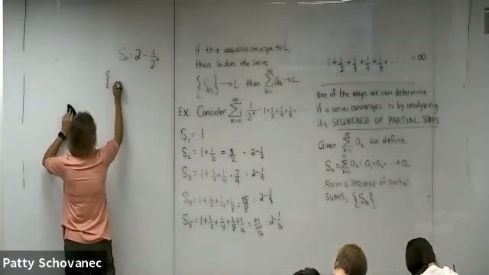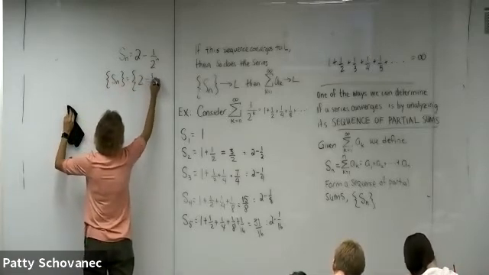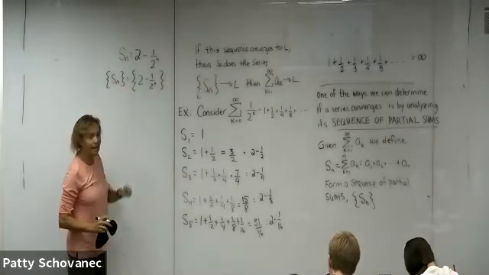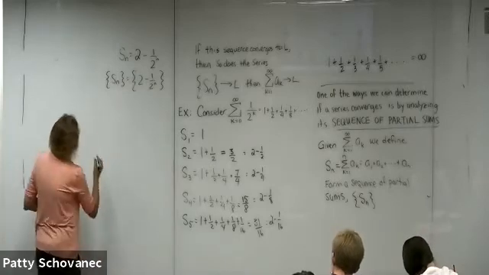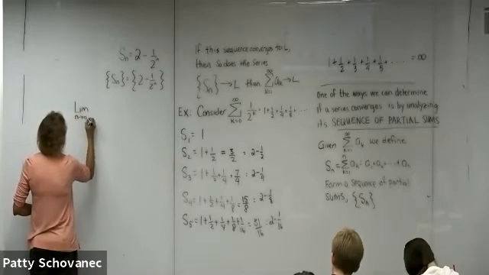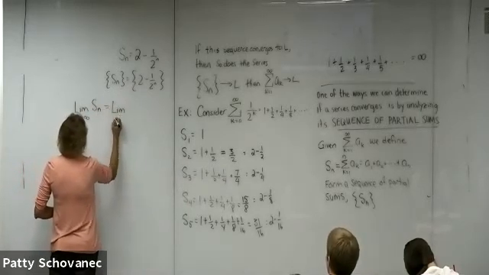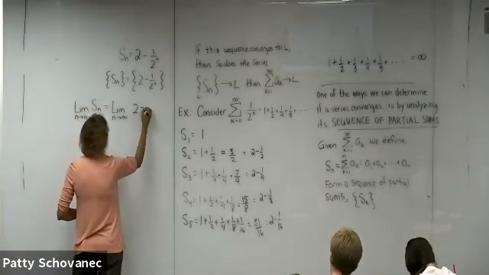That means I have a sequence. I can generate however many sums I want just by using that formula that depends only on n. And now using what I said over there, the limit as n goes to infinity of this sequence, if this converges, then so does the series, and to that same thing.